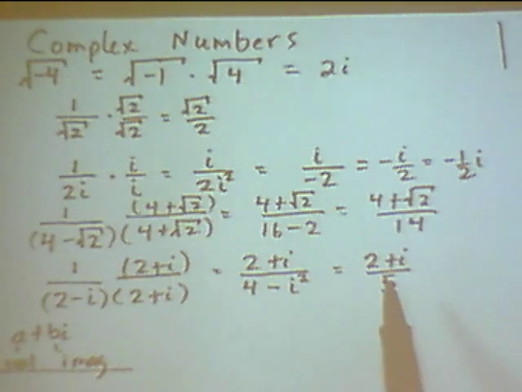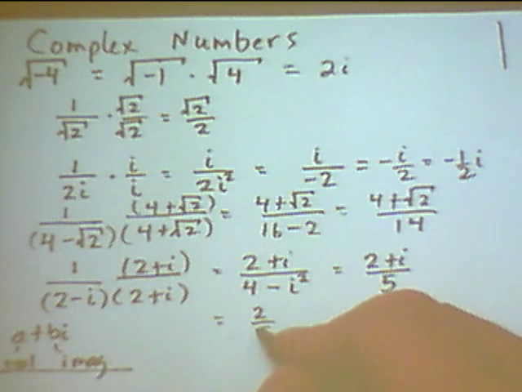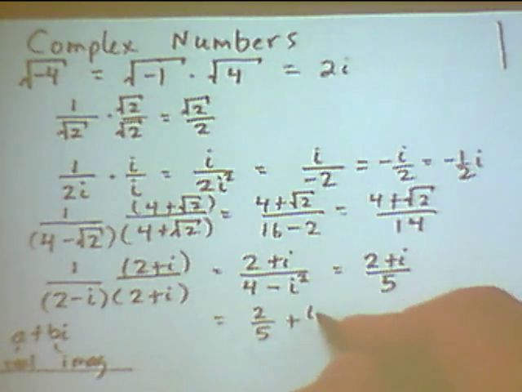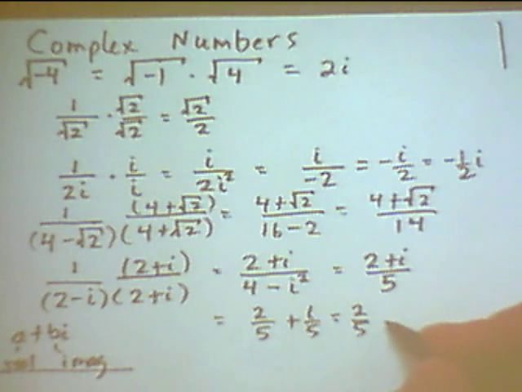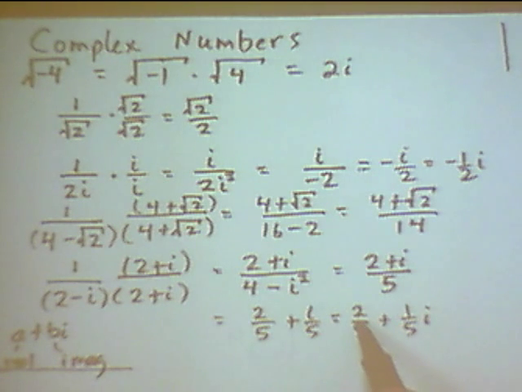You notice currently 2 plus i over 5 is all sort of one term. I have to split this up into two fractions. So it's 2/5 plus i over 5. And furthermore, here's the way they like to see it: 2/5 plus 1/5 i. So if they want it in the form of a plus bi, a is the 2/5 and b is the 1/5.